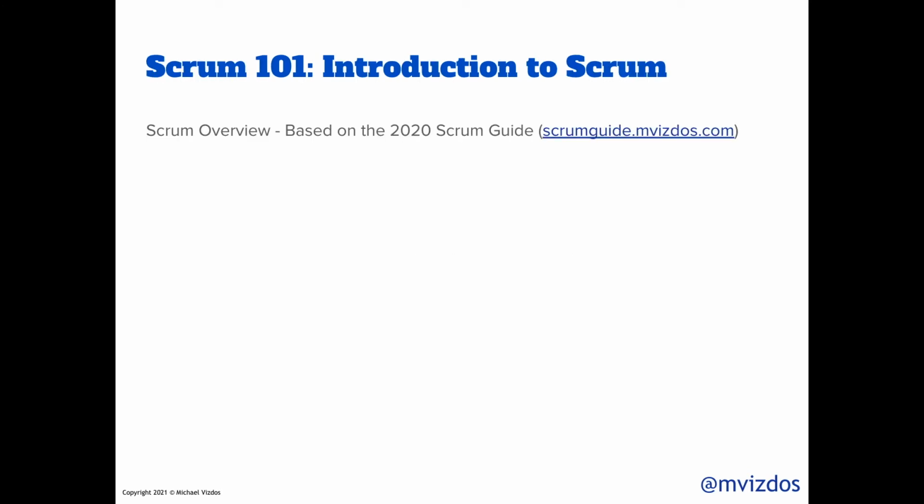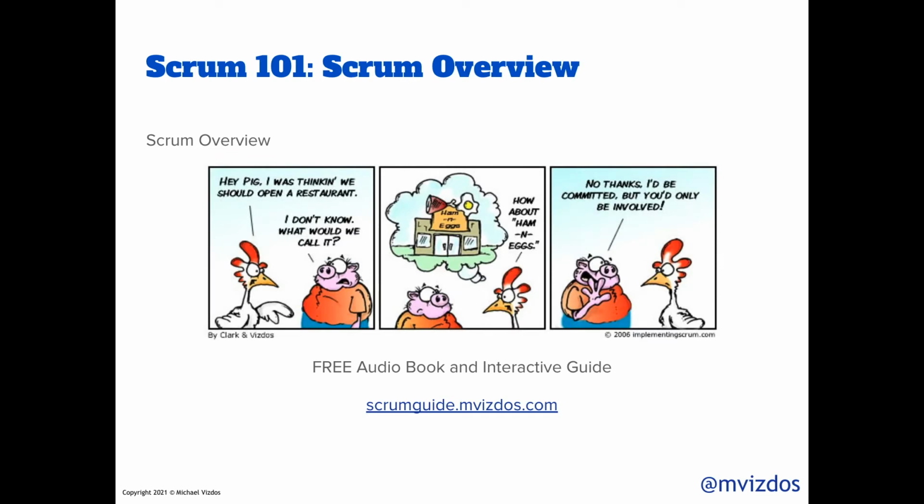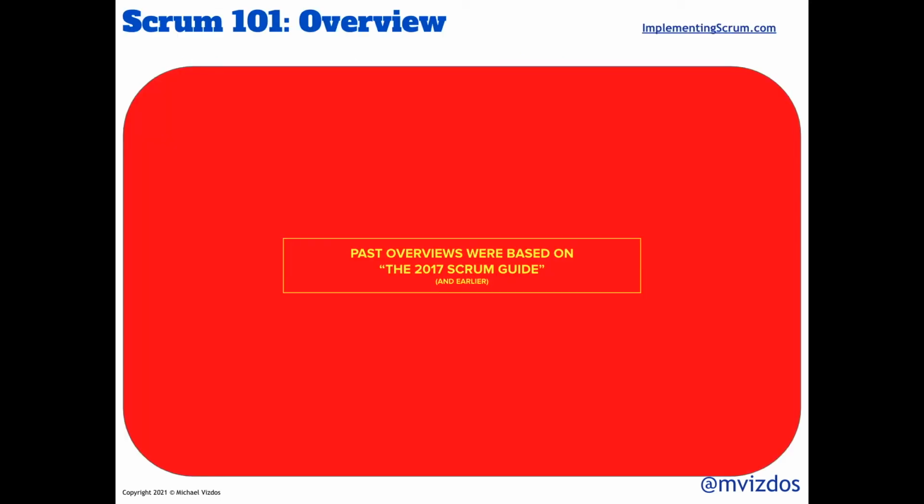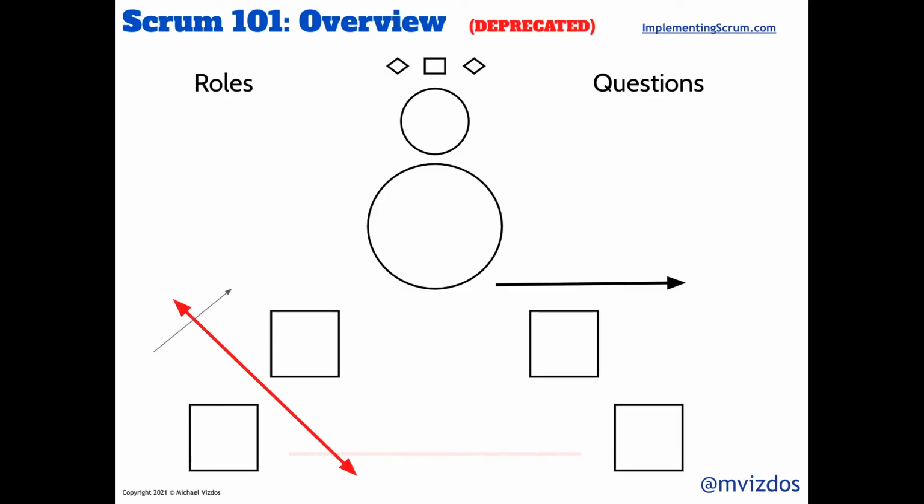This Scrum overview is based on the 2020 Scrum Guide, and it's available at scrumguide.mvizdos.com. You can get a free audiobook and interactive Scrum Guide at that address, and that's the official Scrum Guide 2020 version by Ken Schwaber and Jeff Sutherland. Past overviews were based on the 2017 Scrum Guide and earlier, and the deprecated skeleton of the framework looks a lot like this.